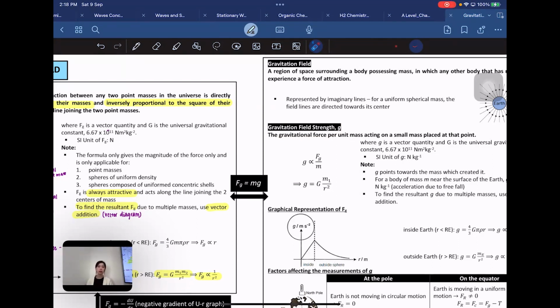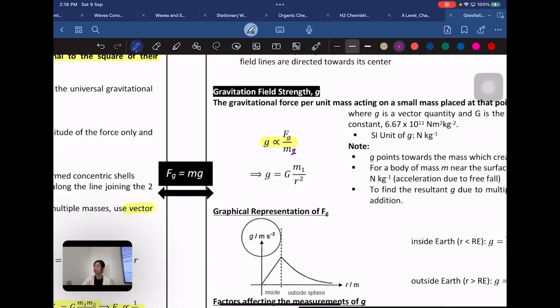That's it. So then they realize that this gravitational field strength is distinctive for different celestial bodies. And to calculate that, it would be taking the amount of gravitational force per unit mass. Now the mass here is per unit mass of your object, which is why if you were to put in Newton's law of gravitation formula, I end up getting GM over r squared.